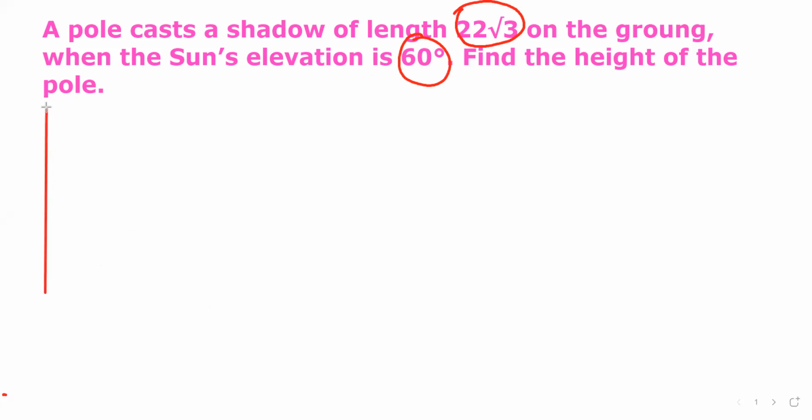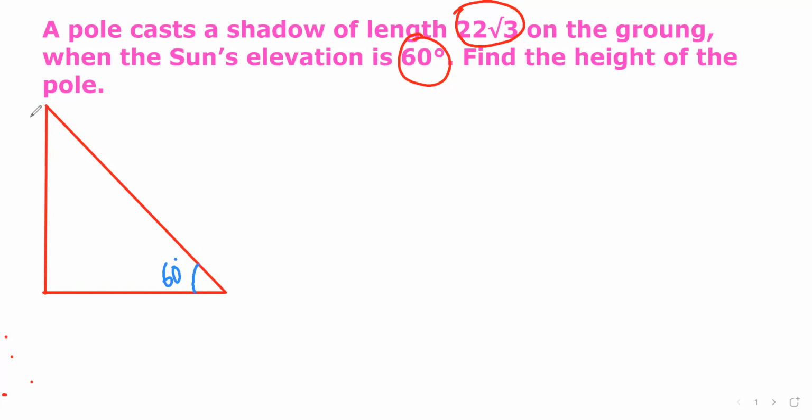So now we'll draw the diagram here. This is the pole and this is the horizontal, the shadow. The angle of elevation from the ground to the sun is taken as 60 degrees.